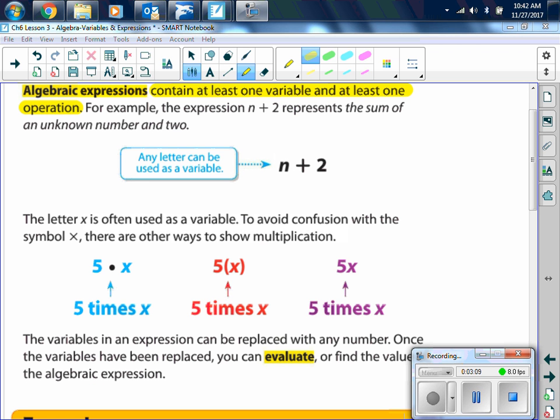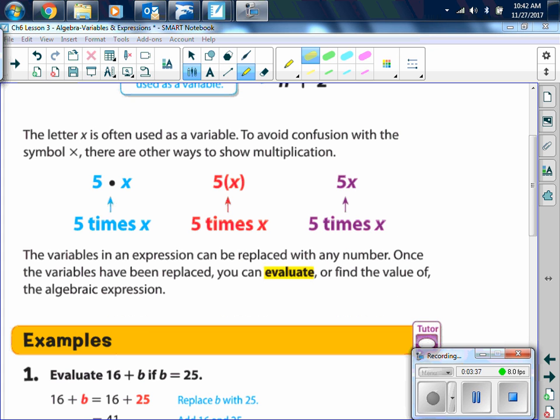Here we have the parentheses. You've seen me use those too, right? So whenever you have 5 in the parentheses, another number, that means 5 times x. And then also here, this is one that you haven't seen me use, okay? Here, when there's no symbol in between, and you have the number and the variable scrunched together, that means 5 times x. Is everybody clear?